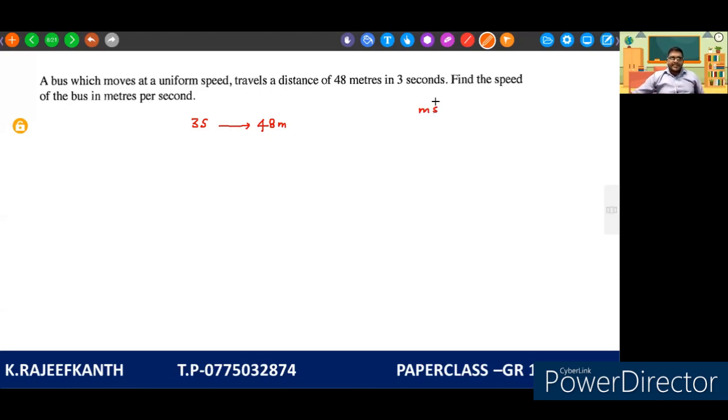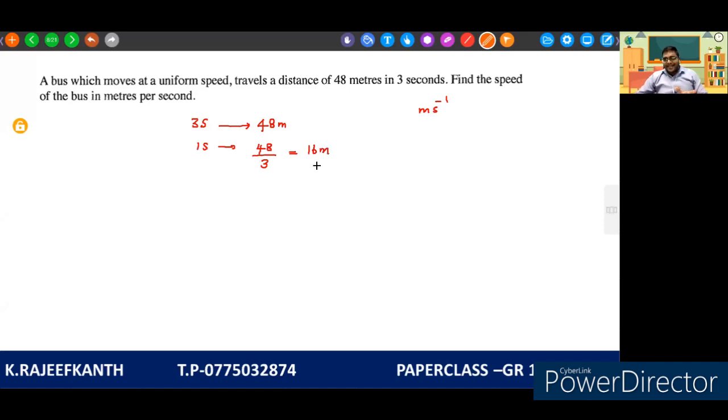Meter per second, what is the meaning of that? In 3 seconds the bus travels 48 meters, so in 1 second the bus travels 48 divided by 3, 16 meters.